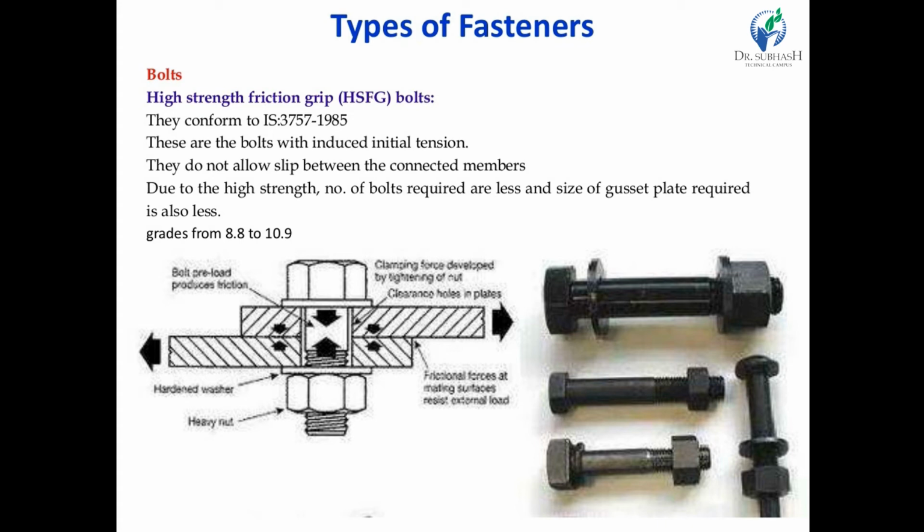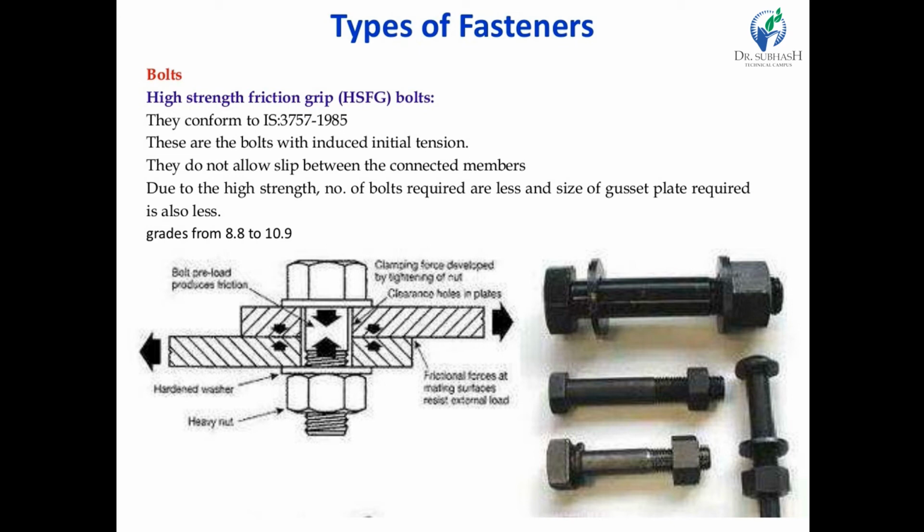Due to this high strength, the number of bolts required is less and the size of the gusset plate required is also less. So if you use high strength friction grip bolts, you reduce the number of bolts in a connection and also reduce the size of the gusset plate. These bolts start from grade 8.8 to 10.9.